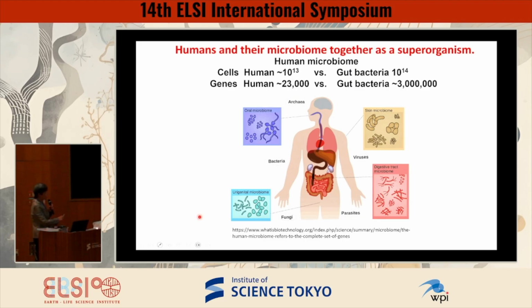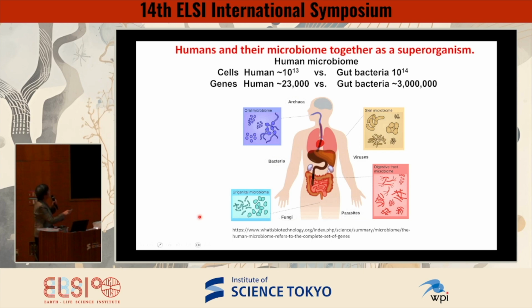So for example, if we count the human cells, there are only 10 to the 13th, but the gut bacteria themselves number 10 to the 14th.